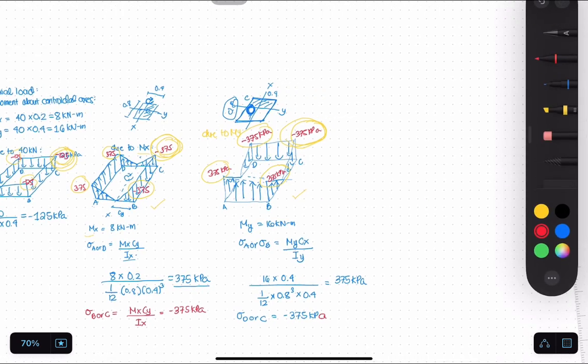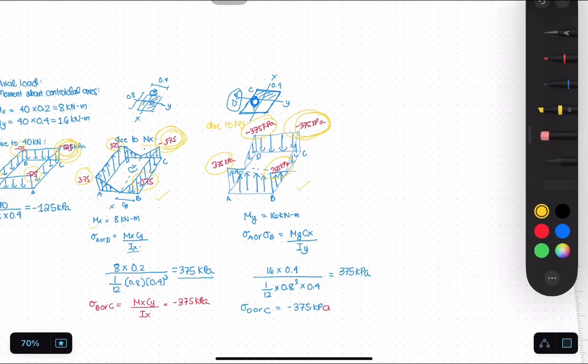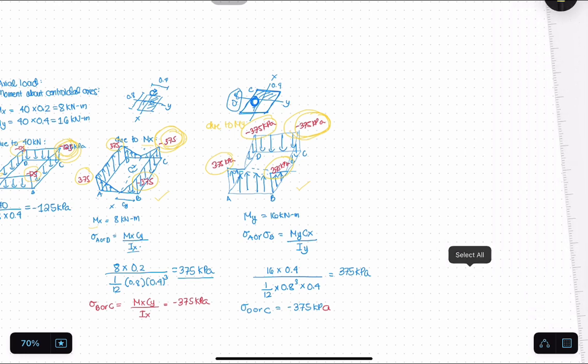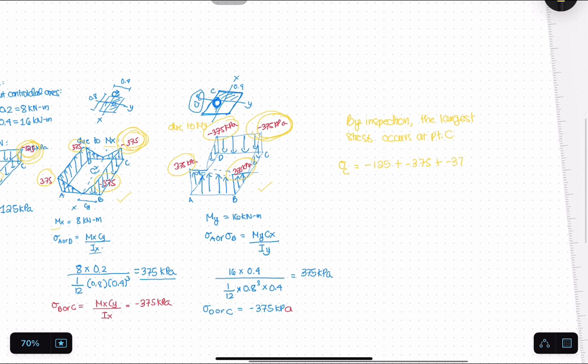So, therefore, we can conclude that by inspection, the largest stress occurs at point C. So, the value is negative 125 due to the normal force plus negative 375 due to Mx plus negative 375 due to My.